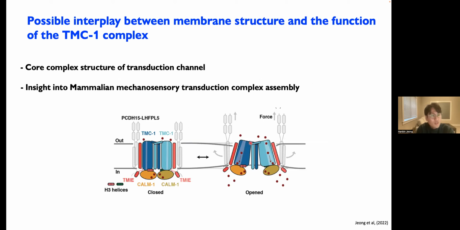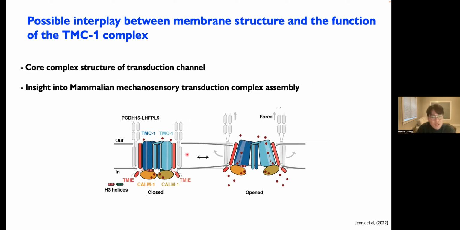So, what we have for sure, though it could be wrong, is that based on the sequence, the C. elegans proteins are highly conserved with the mammalian sequences. So I would say this is likely the core complex structure of the transduction channel.